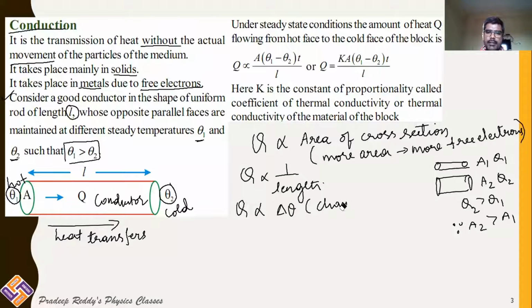Instead of change in the temperature, you can write temperature difference. So Q is directly proportional to delta theta, which is temperature difference.